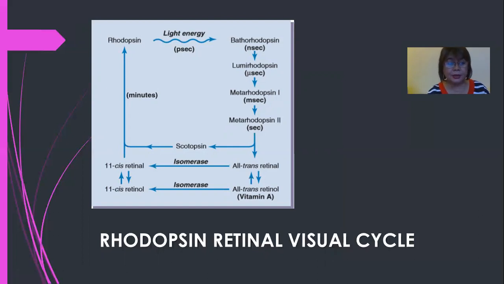This is the chemical reaction that happens inside. The only difference is that for rods you have rhodopsin, and for cones you have the color pigments, but they undergo the same chemical reaction. Vitamin A is needed especially for rod vision, for vision at night. So you have what you call night blindness when you lack vitamin A.